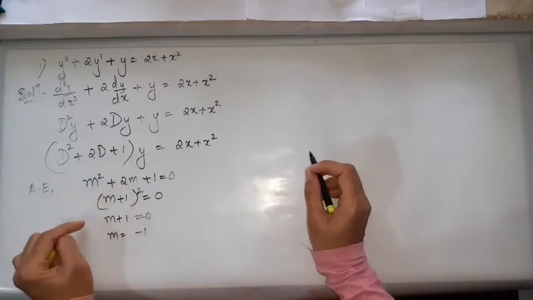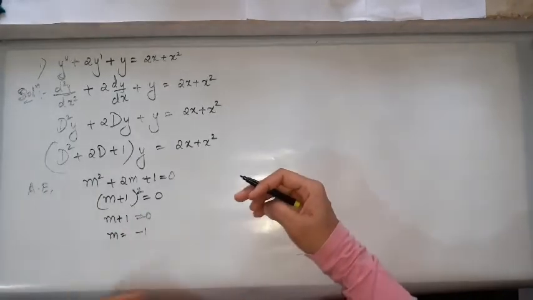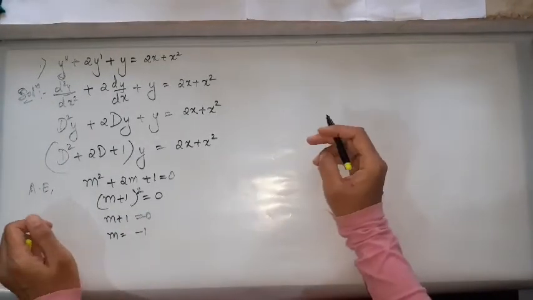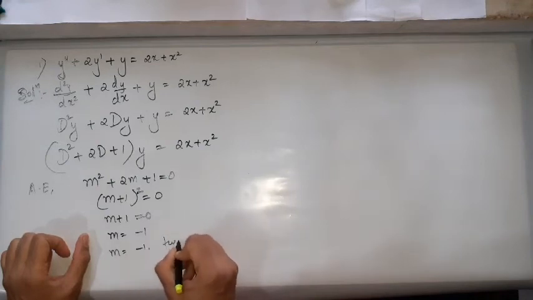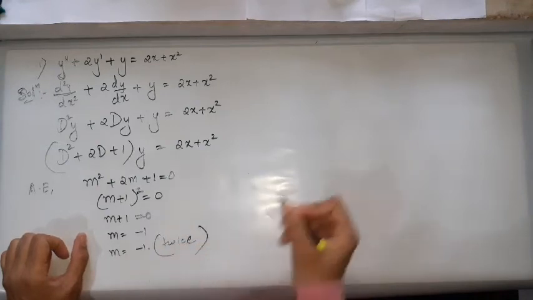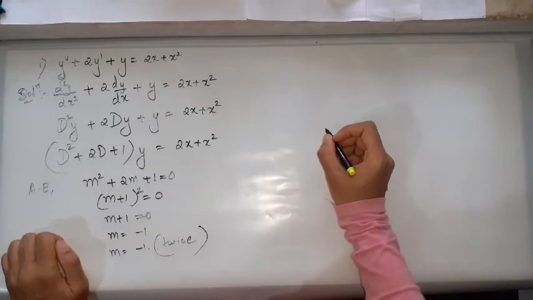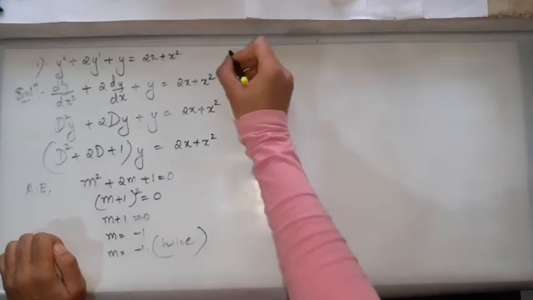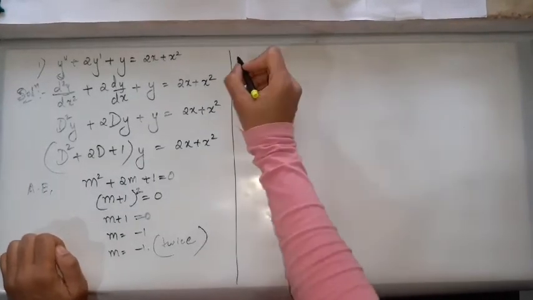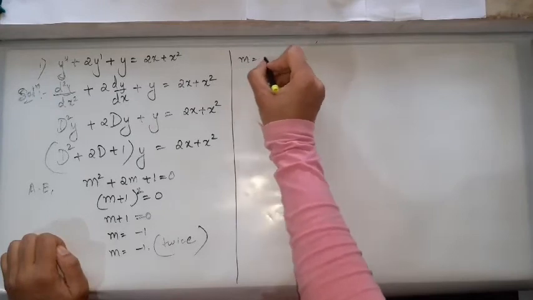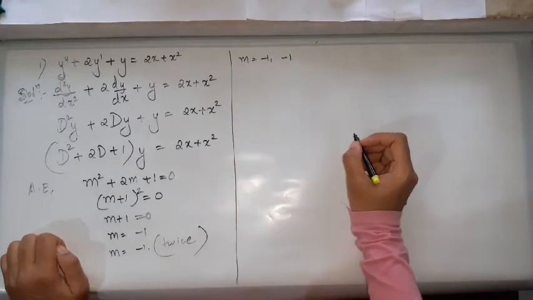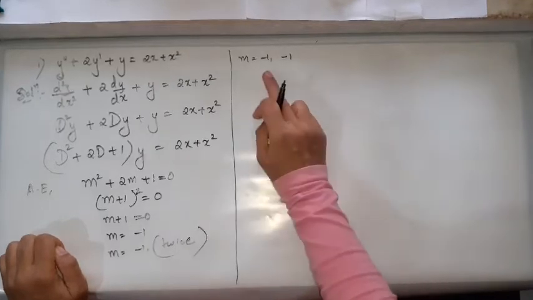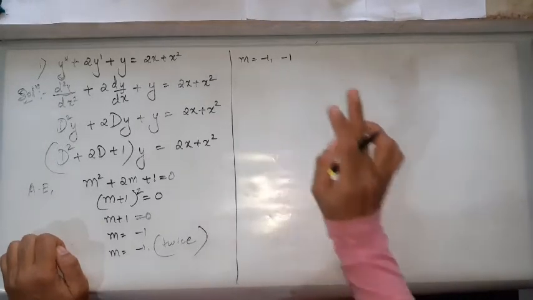So you have m equal to minus 1 twice. Yes, we have m equal to minus 1, minus 1 as the two roots of this auxiliary equation. So here the roots are real and equal.